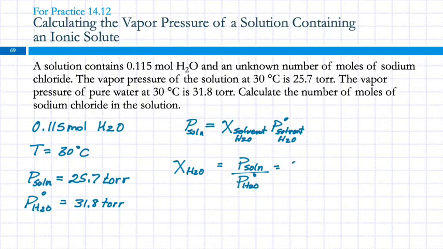So the solution was 25.7 torr. Pure water was 31.8 torr. The torrs cancel out, which is as it should be. 25.7 divided by 31.8 is 0.808.